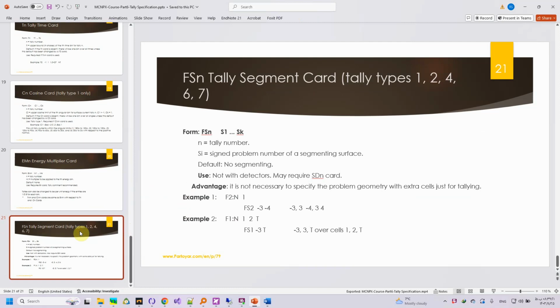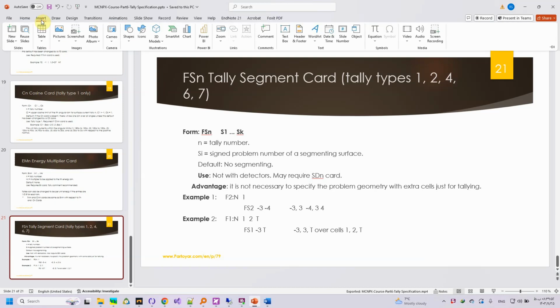Another card that is so useful, specifically when we want to calculate current tally type 1 or 2 on different surfaces, is FSn, or the tally segment. The tally segment helps us to divide a surface over the cards.